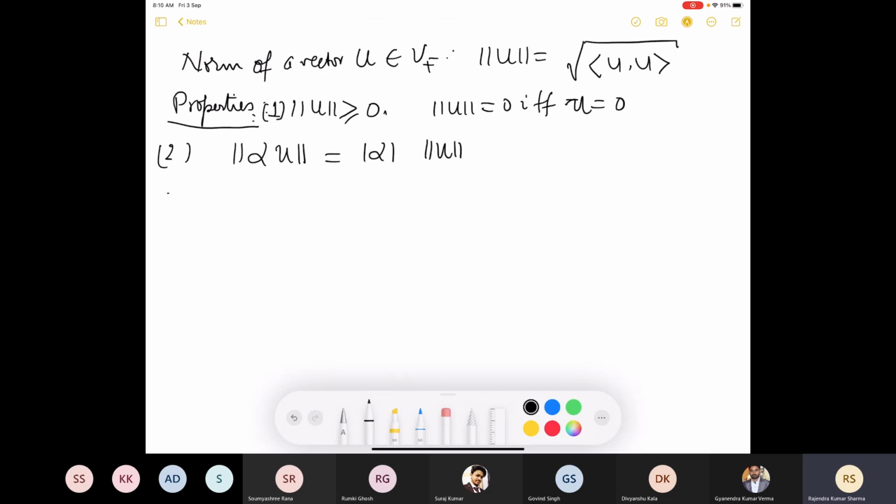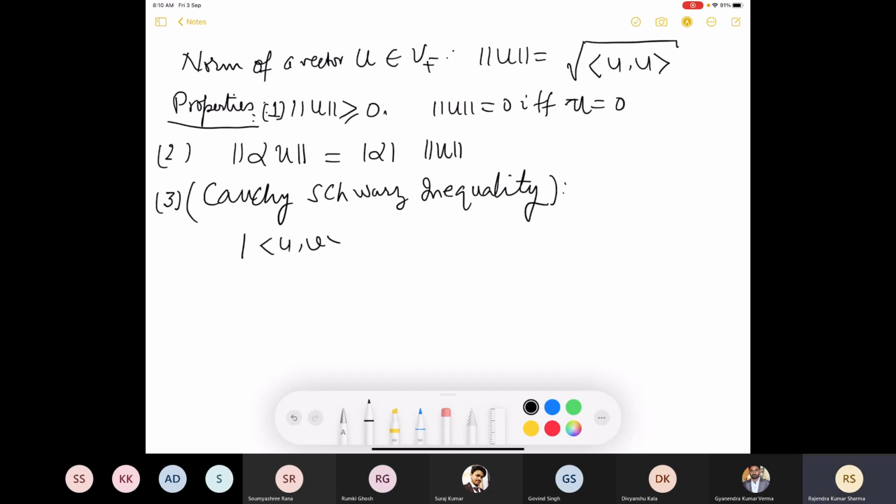Third thing is what we have proved, the Cauchy-Schwarz inequality, that also can be treated as one of the properties. What is this? The modulus of the inner product is less or equal to the product of the norms of the vectors. We can also deduce it as such from here.